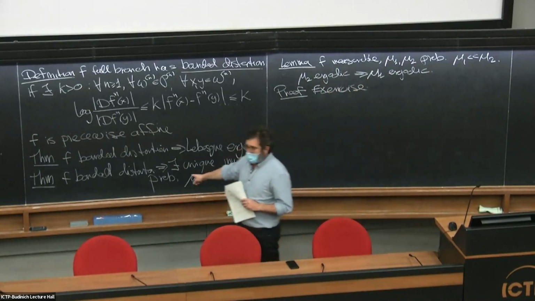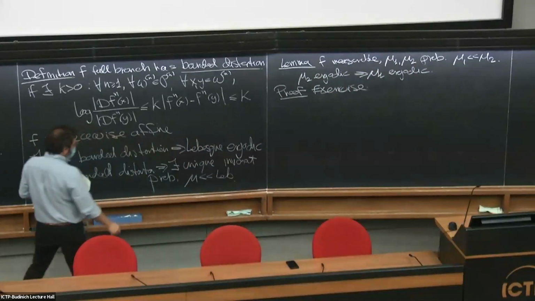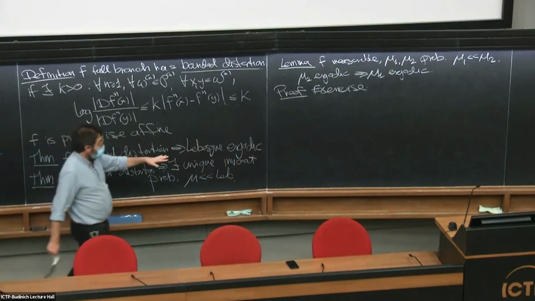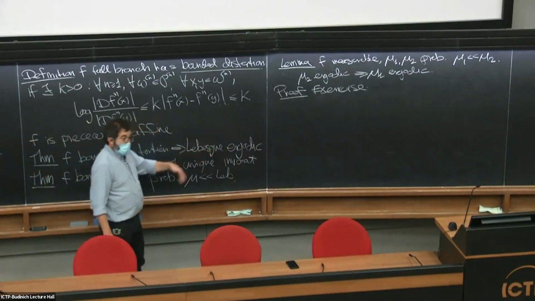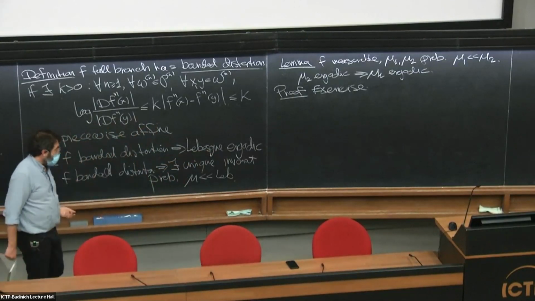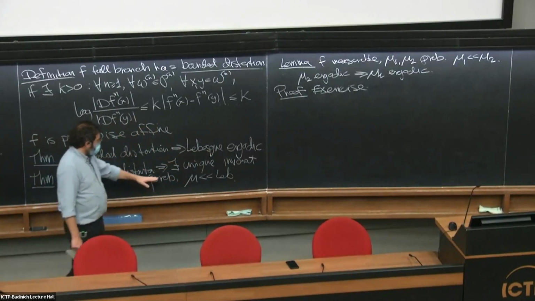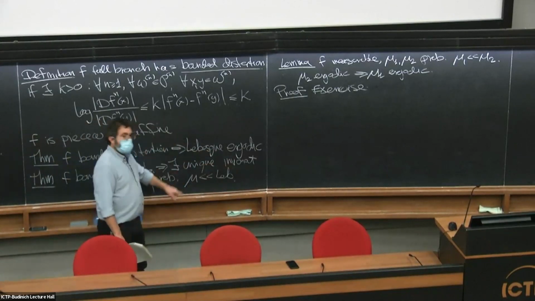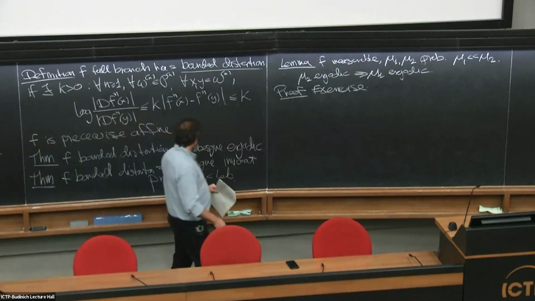Okay, but if we apply it in this case, then that is very good, right? Because what we've shown then is that Lebesgue measure is always ergodic, and therefore any absolutely continuous measure with respect to Lebesgue is also ergodic. And in particular, since we've shown that there exists a unique invariant absolutely continuous measure, this measure is also ergodic.